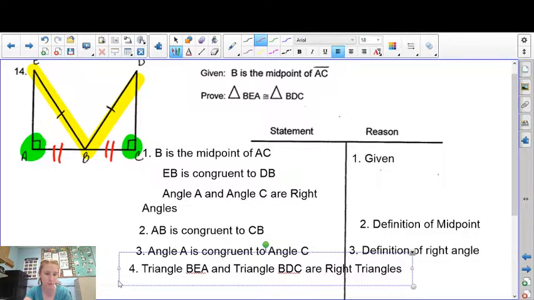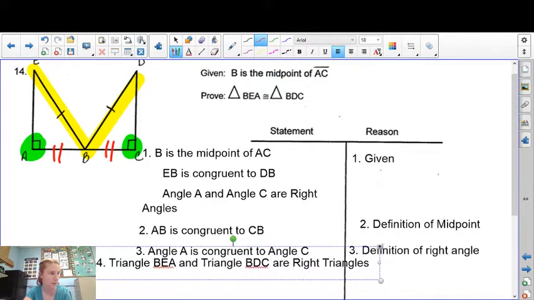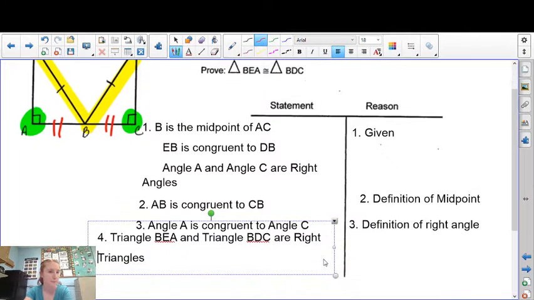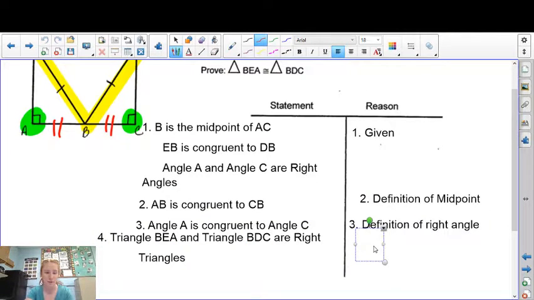And that's the definition of right triangles.